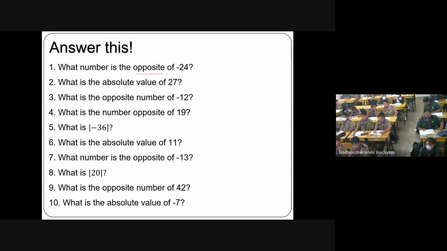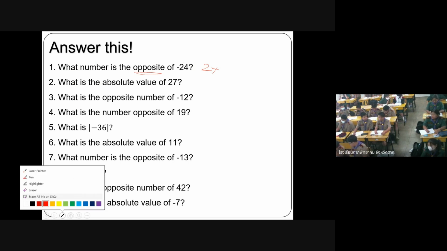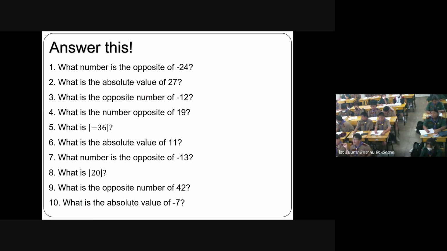Okay, what does opposite mean? So what is the opposite of negative 24? The answer is 24. Okay. Again, the answer should be 24. Next, number 2. Everyone, please read.